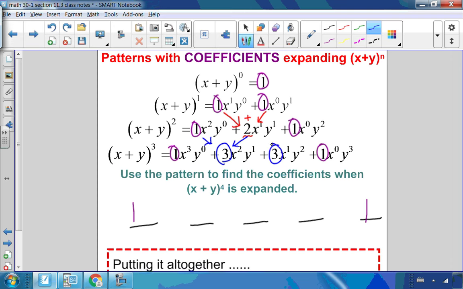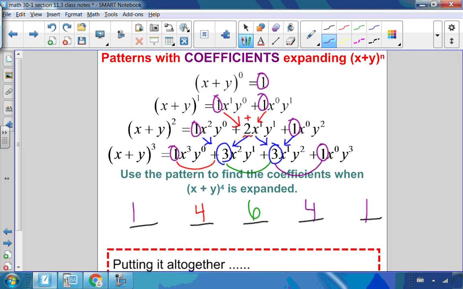Look at this 3. 2 and 1 is 3. So it looks like I'm adding the ones above it. So starting with a 1 and ending with a 1. Now let's look here. So here I'm going to have 1 and 3 is 4. 3 and 3 is 6. 3 and 1 is 4, and I end with my 1.